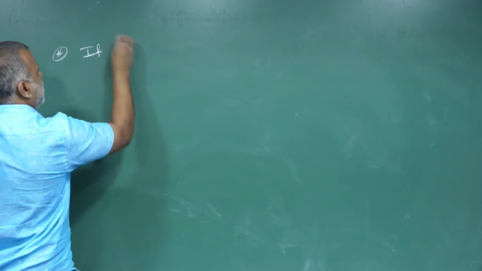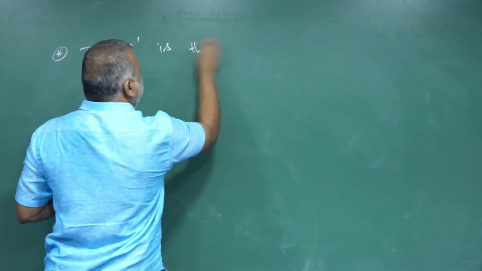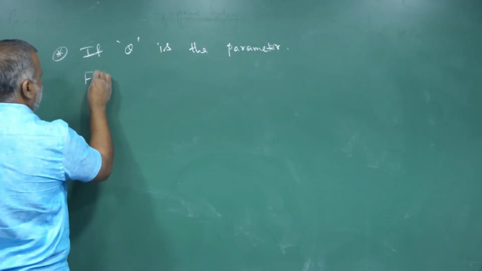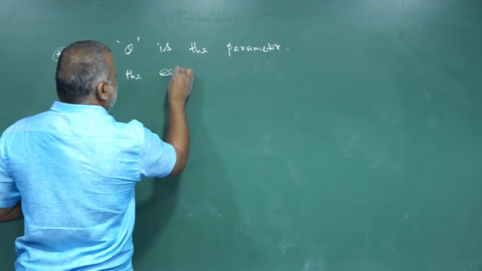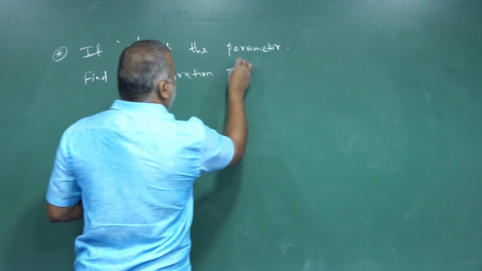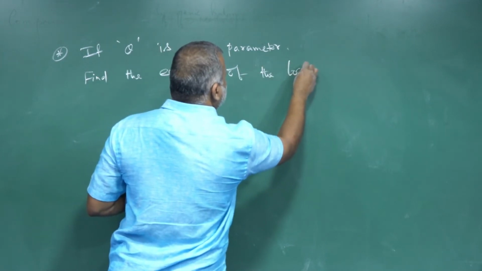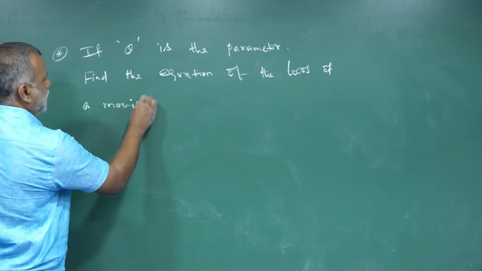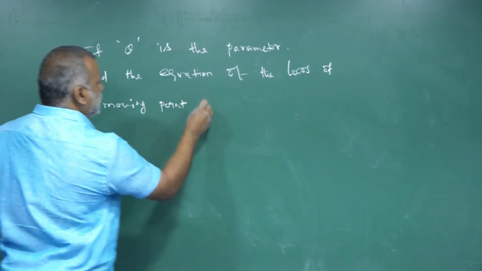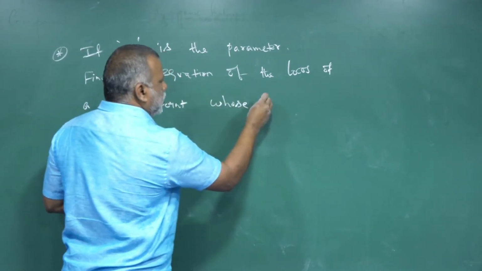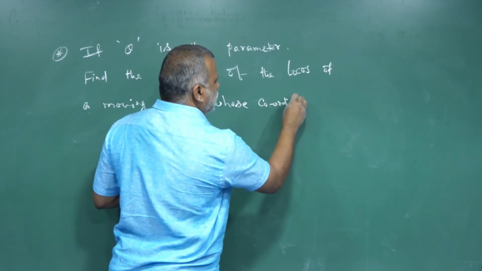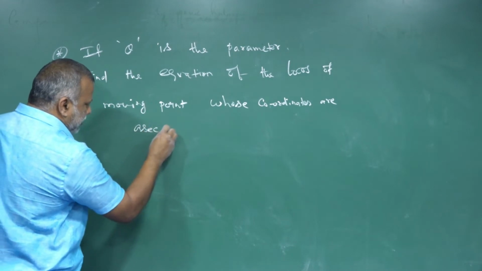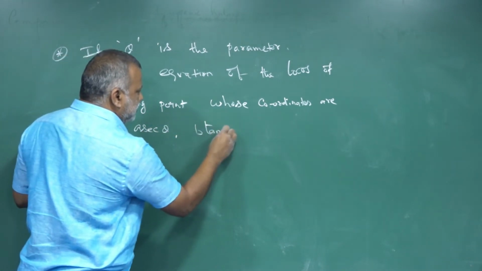If theta is the parameter, find the equation of the locus of a moving point whose coordinates are a secant theta, comma, b tan theta.